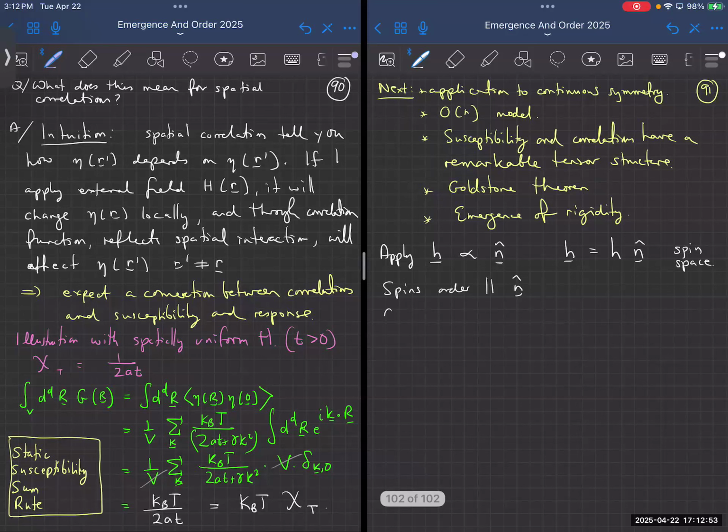So I can write down my order parameter as m, I'm going to call it m alpha, and that's going to be the expectation value of S alpha. It's a function of space, and alpha is the component in spin space. So alpha goes from 1 to n, and this I'm going to write as m, a magnitude, times the unit vector n alpha. So this defines the magnitude of the ordering.